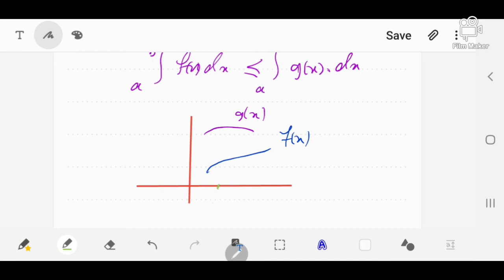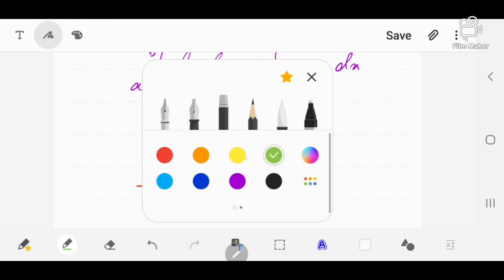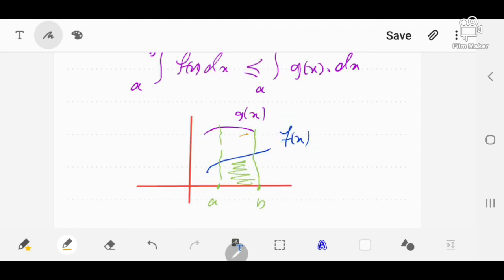So the area under curve F is less than the area under curve G for this interval. That's obvious and makes sense. These are the properties of the definite integral. I hope that you got that.